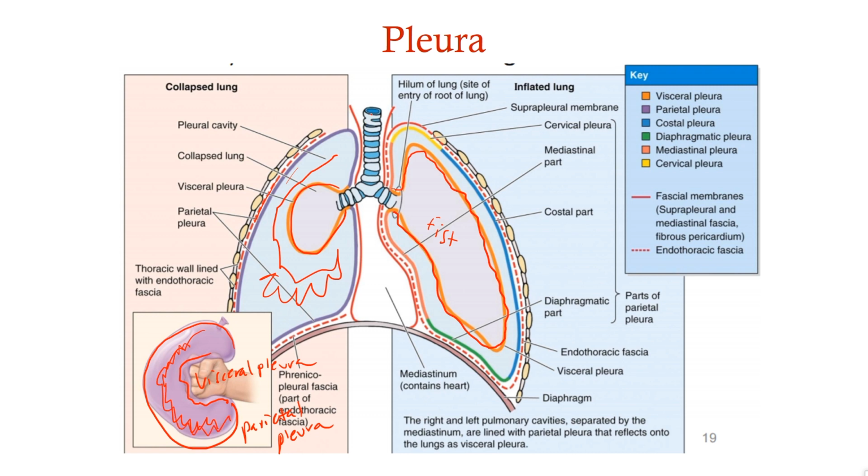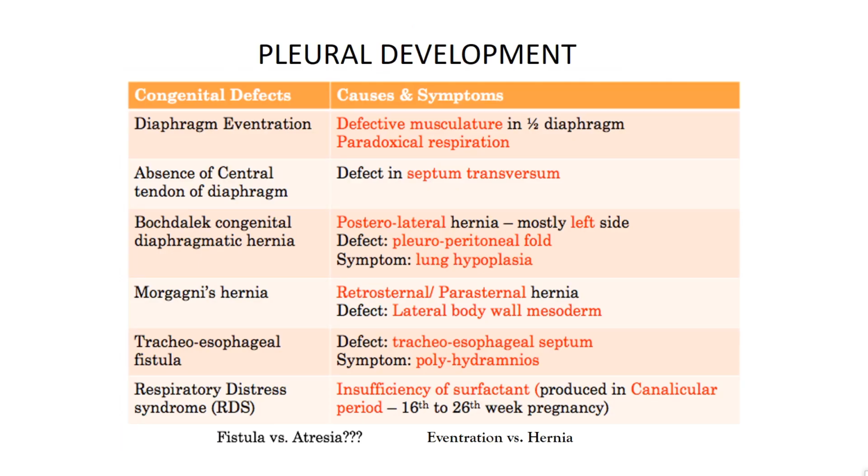What happens if I pop through this is that air gets vacuumed into this area, and this causes a pneumothorax, which we'll be talking about in just a little bit. As far as development of the pleura, there are important things you should know about the developmental problems that occur.